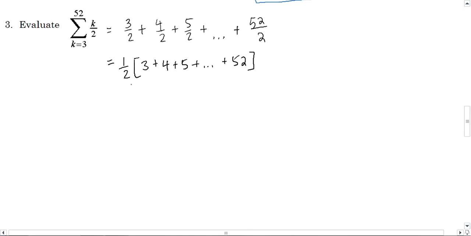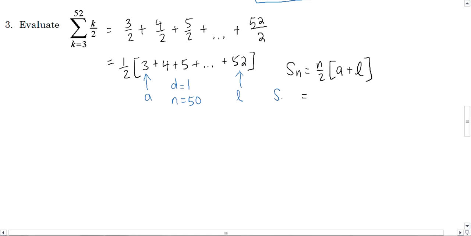So let's identify all our key pieces of information. This time we've got our first term is 3, our last term is 52, our N is 50 still, our D now is 1. So let's figure out what this is. S50 equals 50 over 2 times 3 plus 52. If you do this math, you will get 1375.